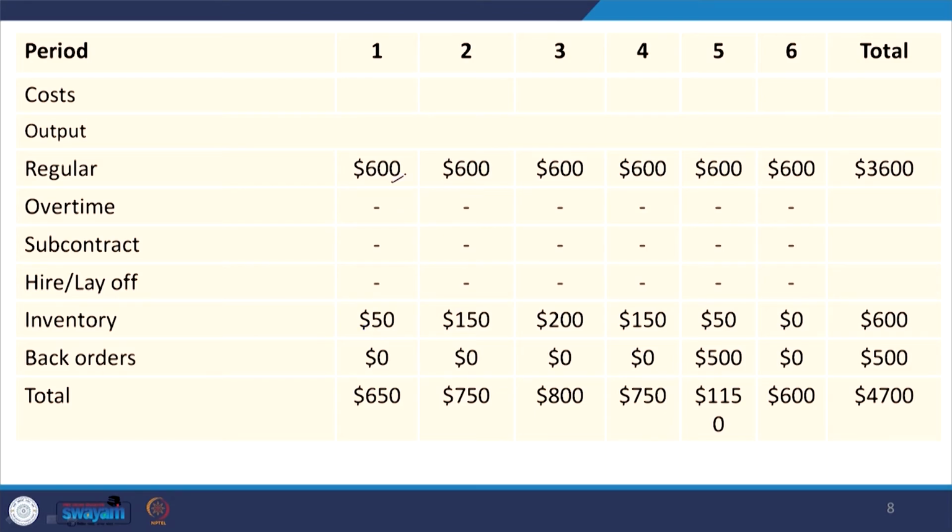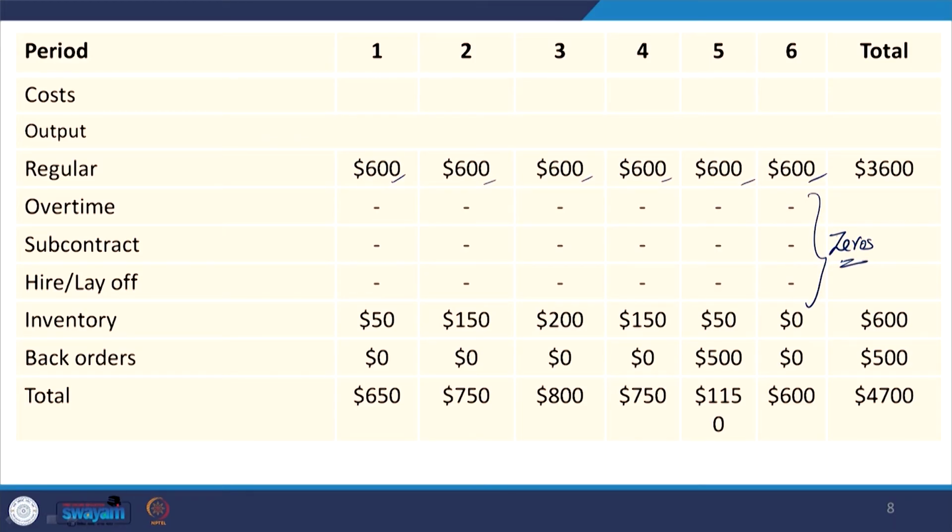So, that is same 600, 600, 600 for all the 6 periods. So, that is the cost of our regular output, that is constant for all the 6 periods. Overtime we are not producing anything, subcontracting we are not doing anything, hiring and laying off we are not doing anything. So, for all these things we have the zeros.